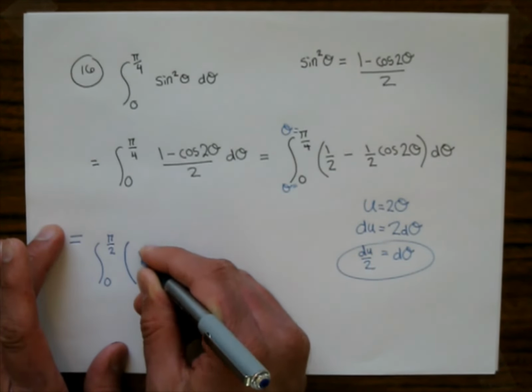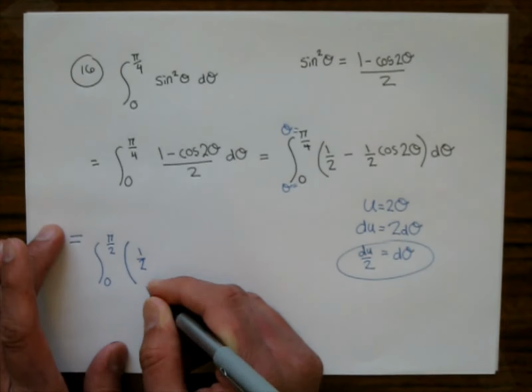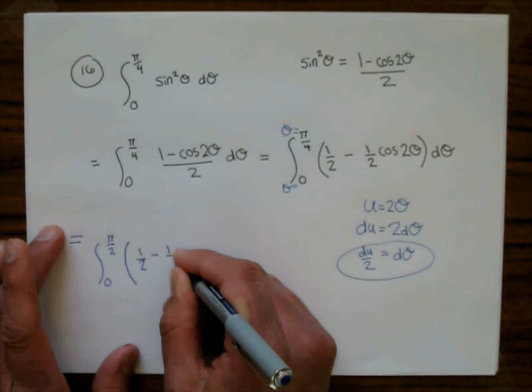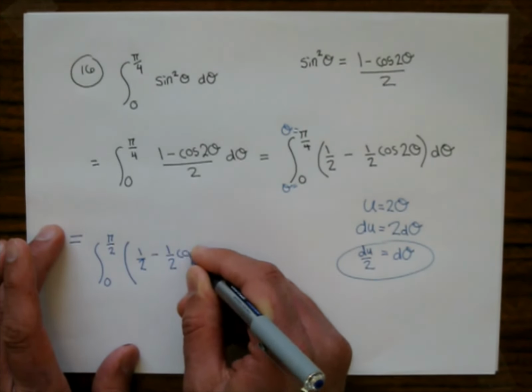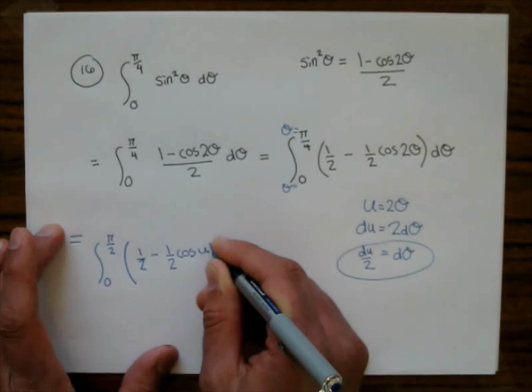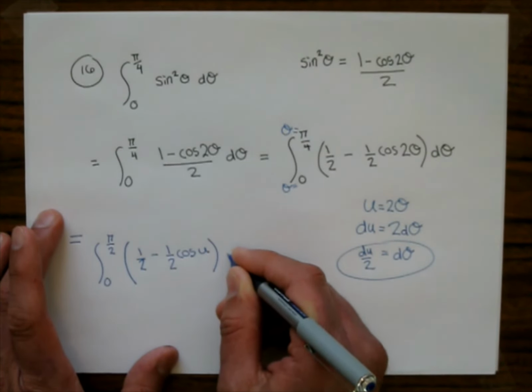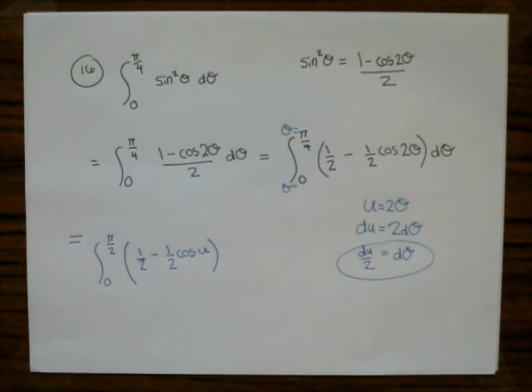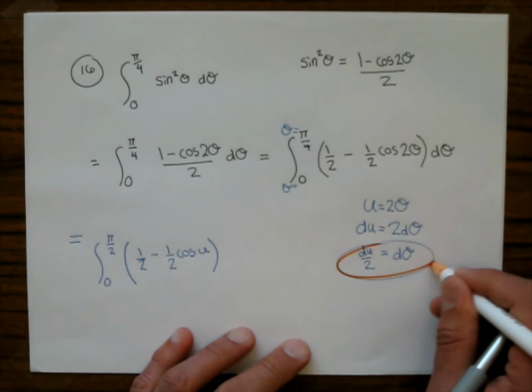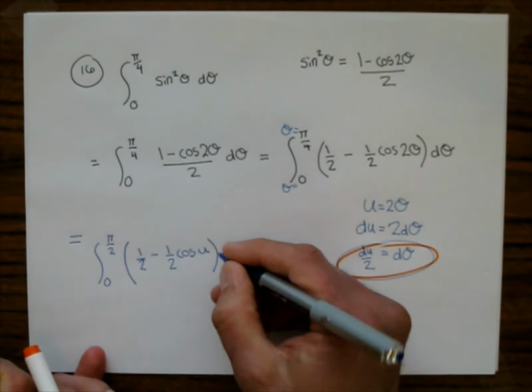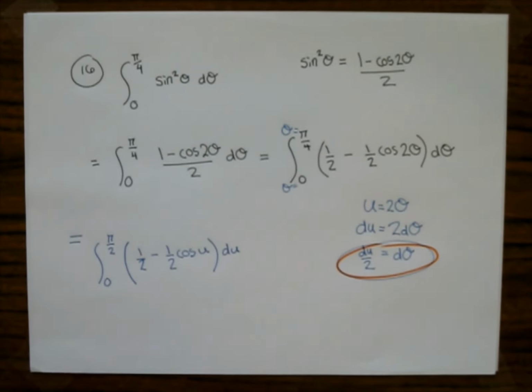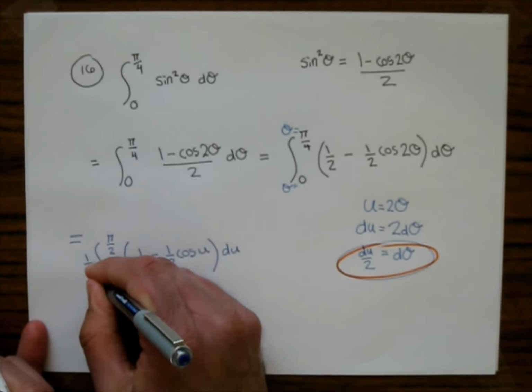And then what do we have? We have 1/2 minus 1/2 cosine u. We have a d theta, which becomes a du over 2, so this is du, and then this is over 2, which is right here.